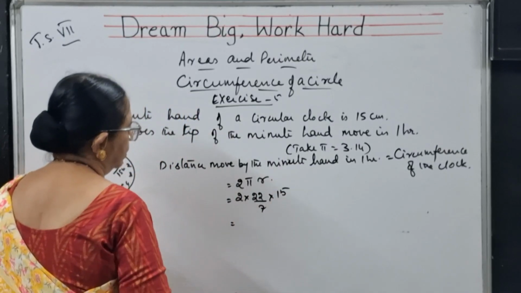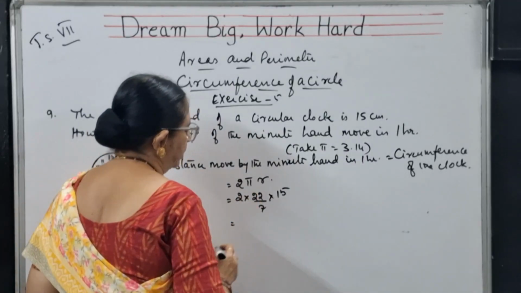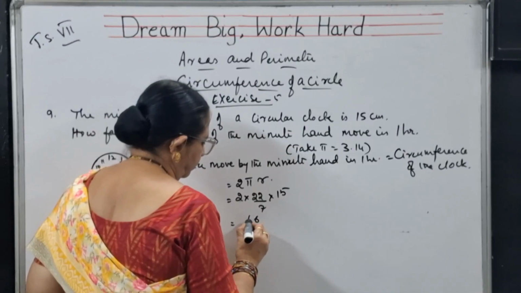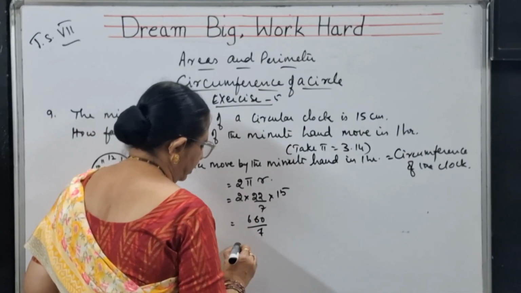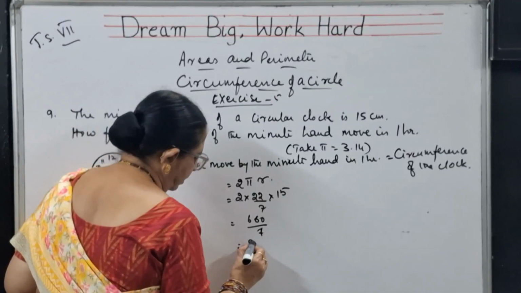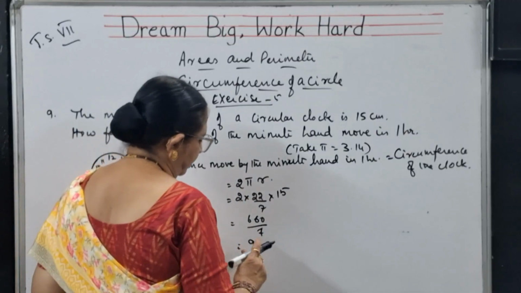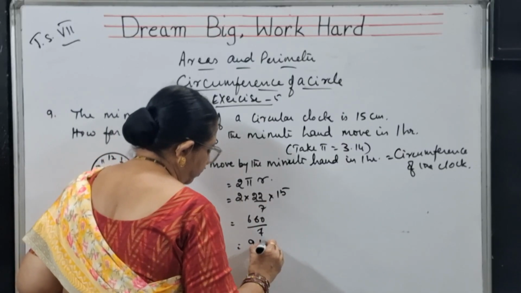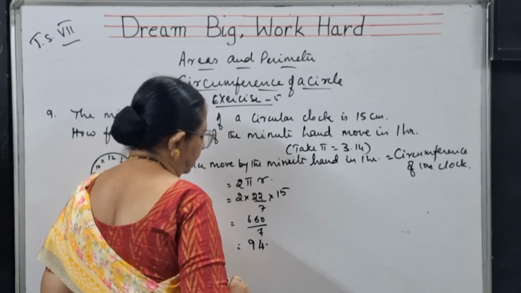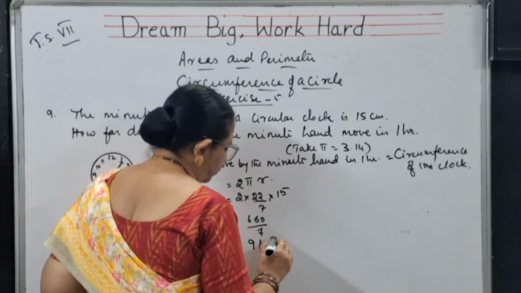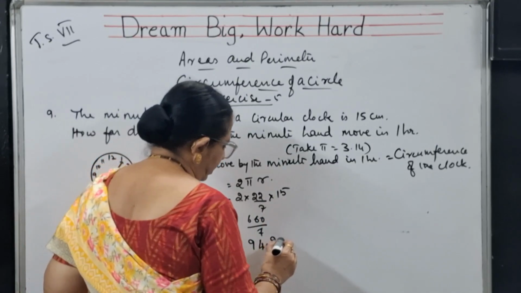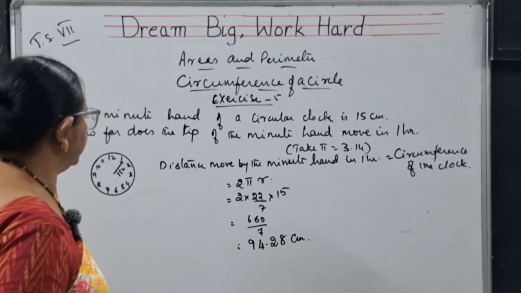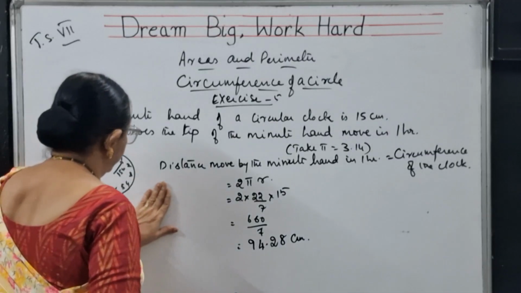That is, children, 22, 220, 15 twos are 30, 30 into 3, 3 twos are 6, 660 by 7. 7 nines are 63, 7 fours are 28, 7 twos are 14, 7 eights are 56. So 94.28 centimeters. So distance traveled in 1 hour.